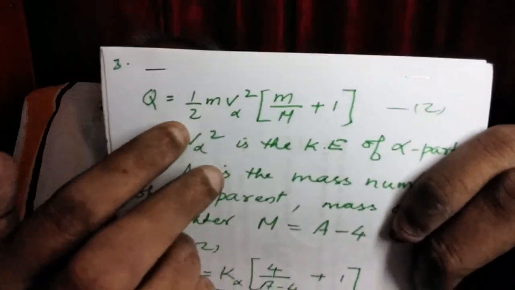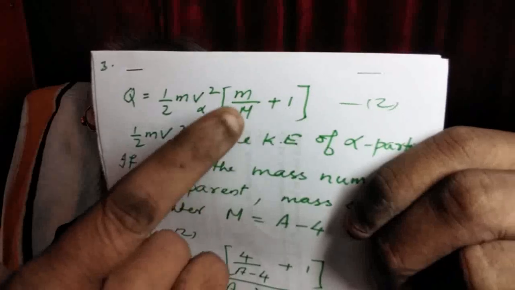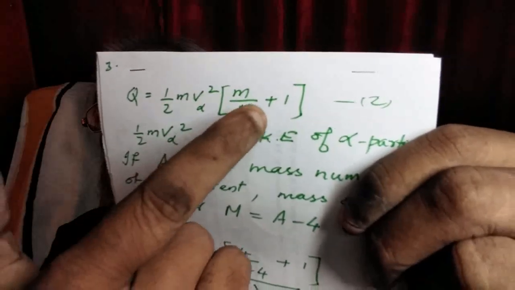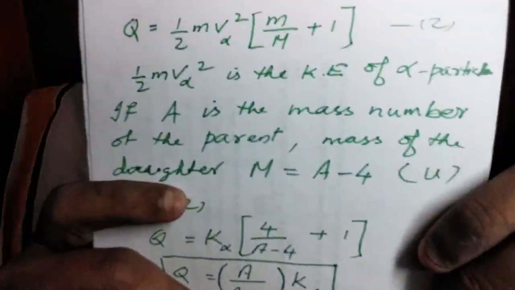Or Q equals, you can simplify it to get half m V alpha square into (small m by capital M plus 1). Put it as equation number 2.